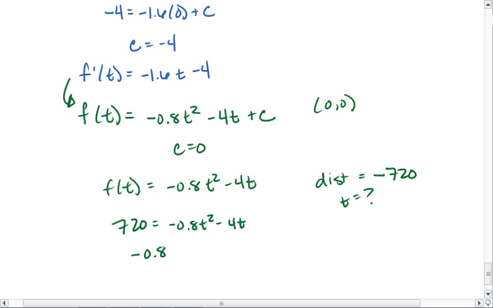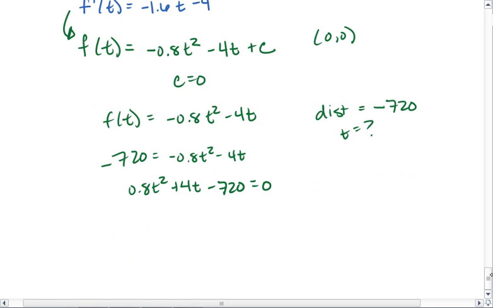We can move everything to the left side. 0.8 t squared plus 4t minus 720. Oh no, it's minus because we have a negative 720. There we go, that's a lot better. Equals 0. You can use the quadratic formula to solve for t.